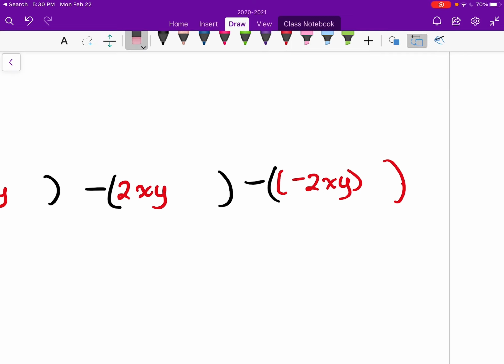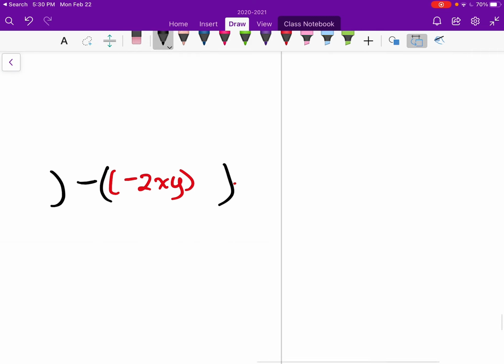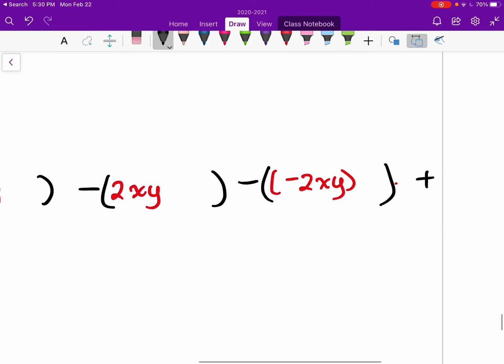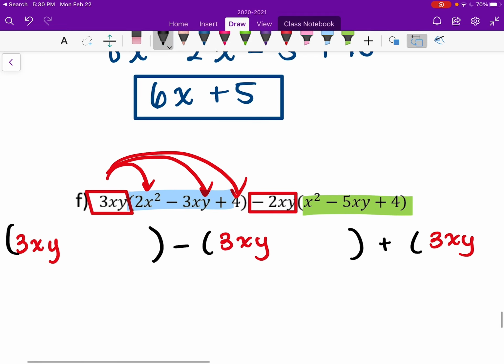I'm just writing out a shell for myself. And you definitely don't need to do this. I'm just showing it so that it'll make solving it all easy at the end. Plus 4, right? So it's going to be plus negative 2xy and whatever that will be at the end. All right.